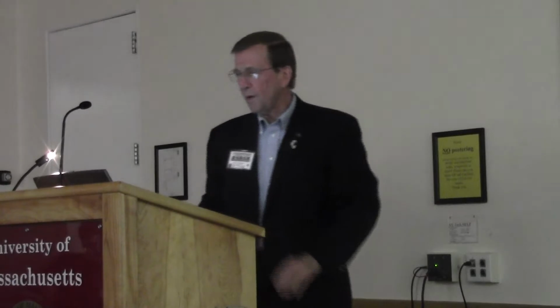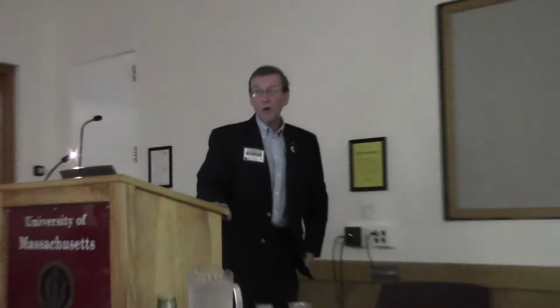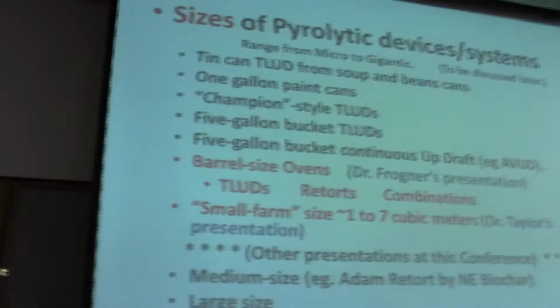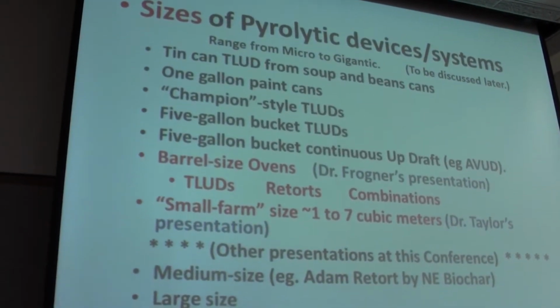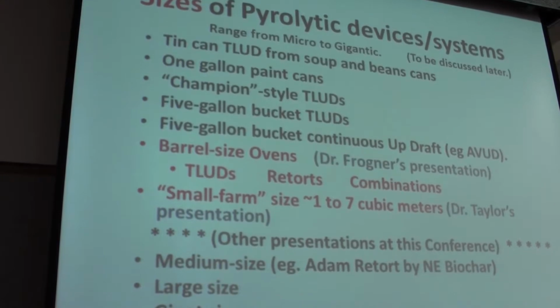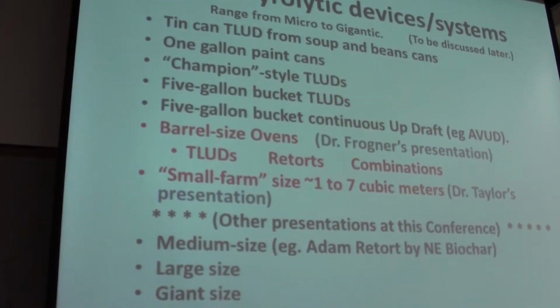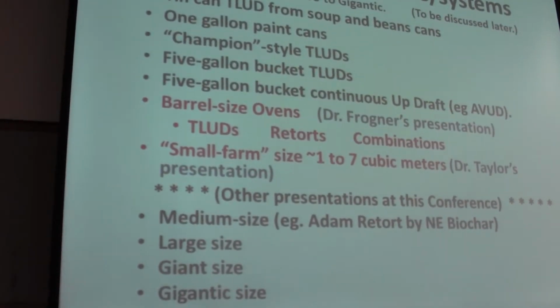I have one comment that relates to the barrel size or oven things, which I don't think Carl Frogner has in his presentation, and I didn't get a picture put in there. It is a 55-gallon drum with no bottom on it.